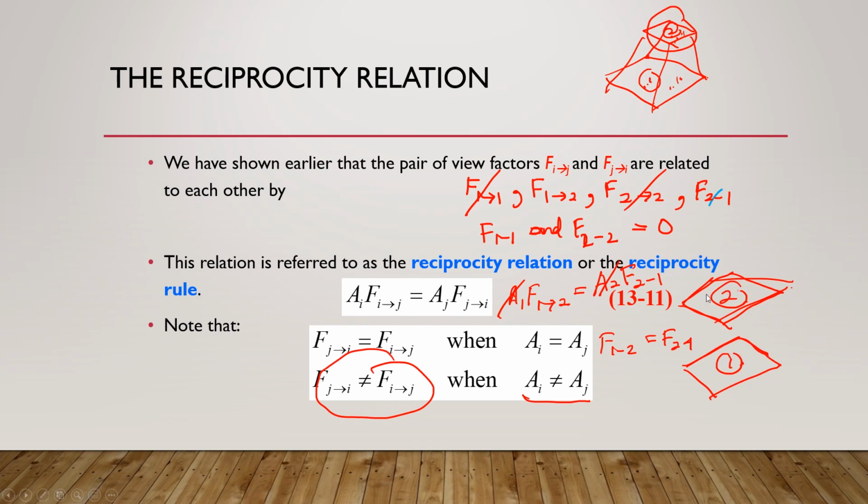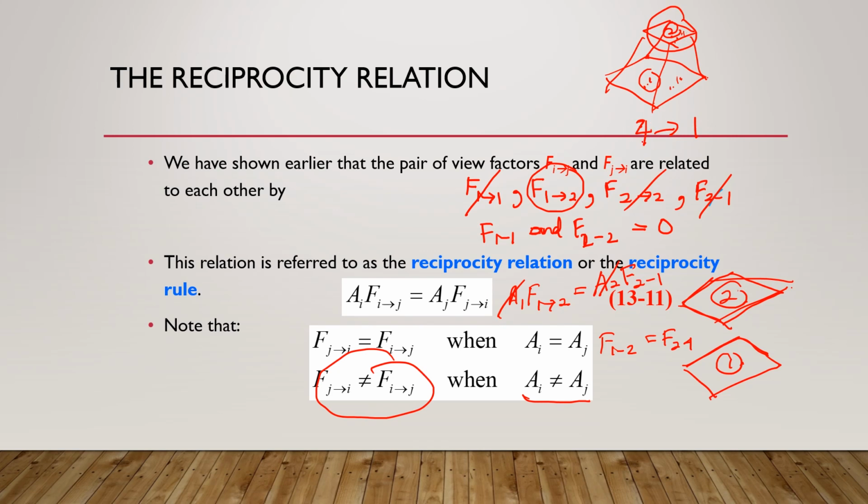Do we have the same area for 1 and 2? Yes. Therefore, you may reduce one more, because you only have to calculate F1 to 2. So from 4 view factors, you reduce to only one view factor to be calculated.